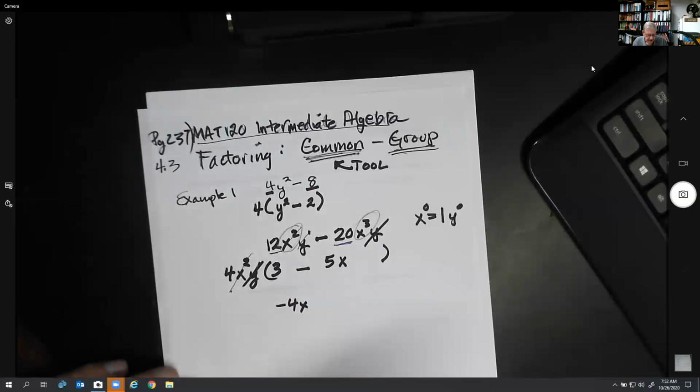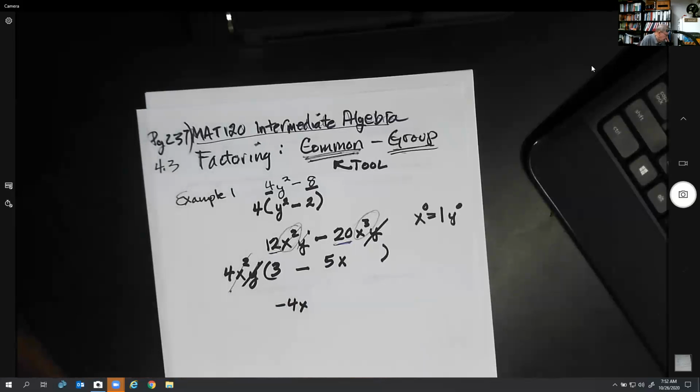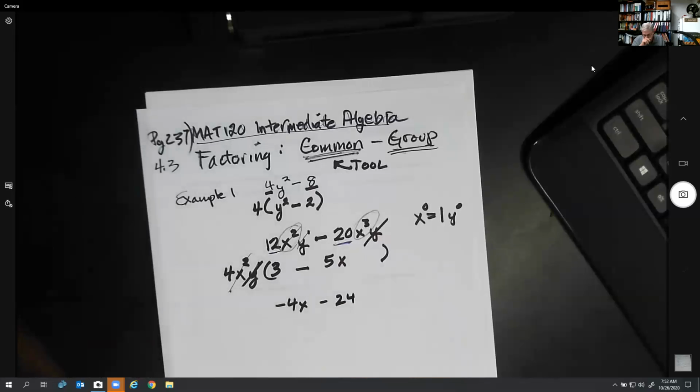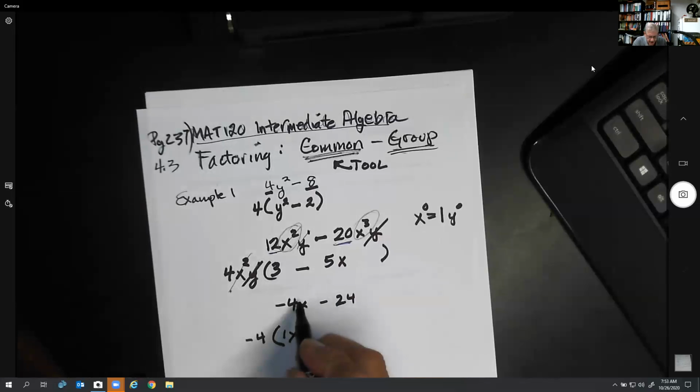If the problem starts out with a negative 4x, say minus 24, we want to factor out that negative. So this would be negative 4 times 1x. That gives me negative 4x.